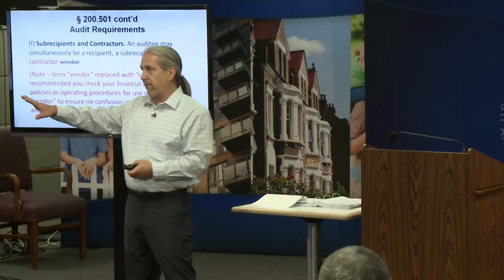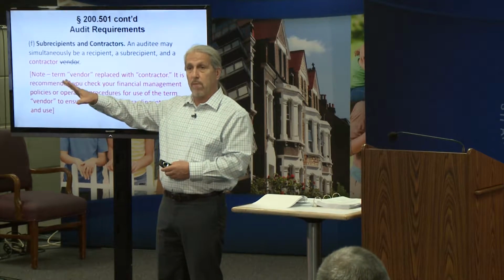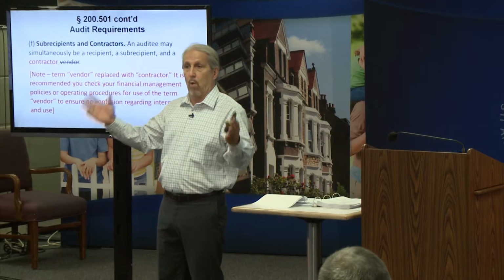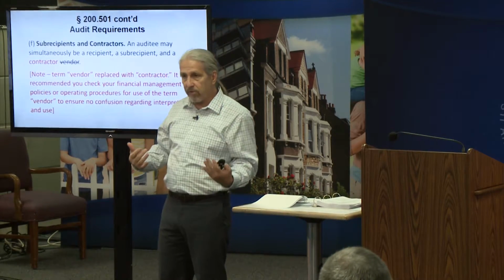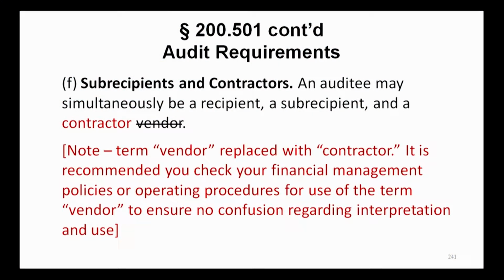This paragraph recognizes that a tribe or recipient may at one time be a subrecipient from another agency for federal funds. You could also be a contractor, but also the recipient.